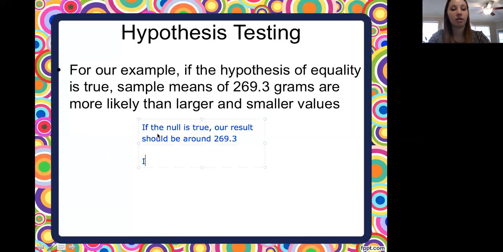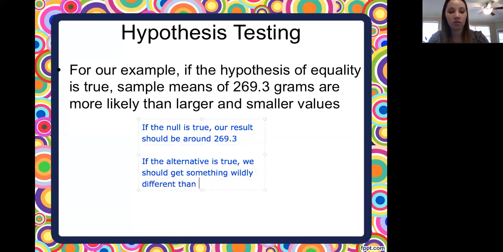However, if the alternative is true, we should get something vastly different than 269.3, something significantly different from that number.